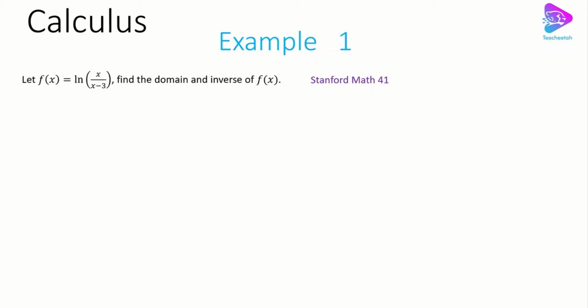So let's see how we can find the domain of this function. As you might remember, for the domain of the function, we have to find the x, or actually the domain, in which the function is defined. Here we have f of x equals ln of x over x minus 3, and we need to see for which x this function is defined.